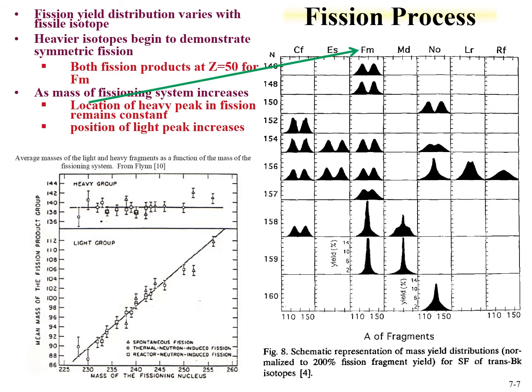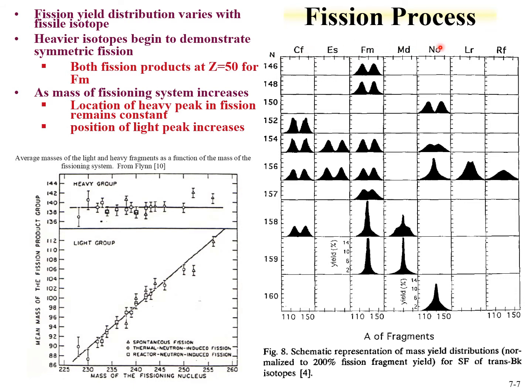So if we look at fermium, as the mass of this fissioning system increases, the location of the heavy fission peak will start to coalesce with the light fission peak. We can see areas on this curve where we're plotting n, the number of neutrons, against the mass of the fission fragments, for the different Z plotted here.